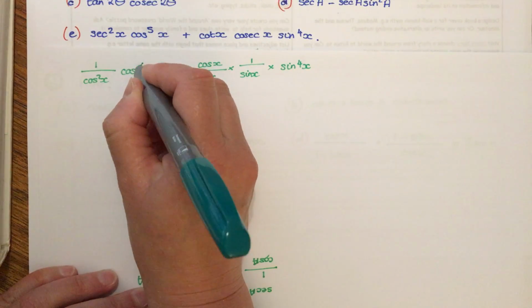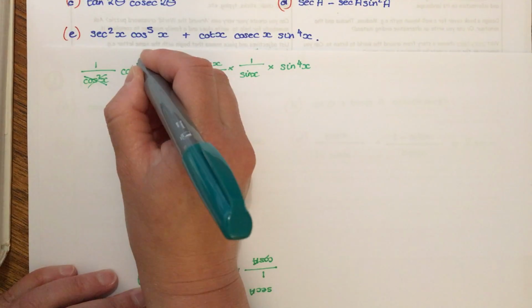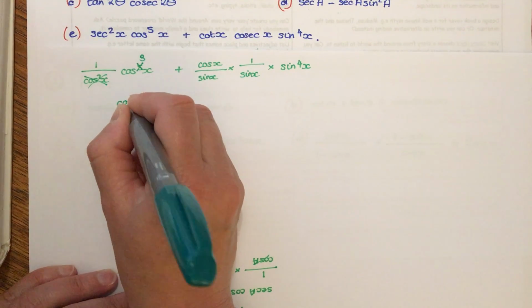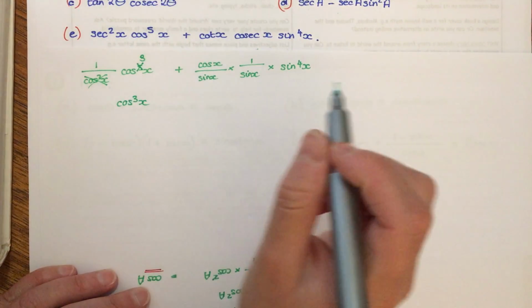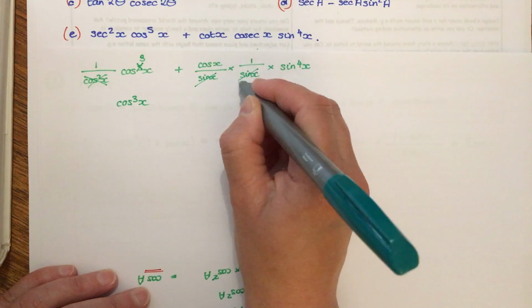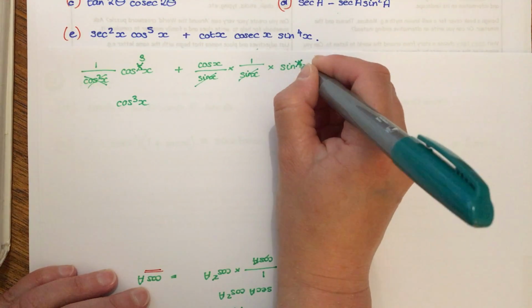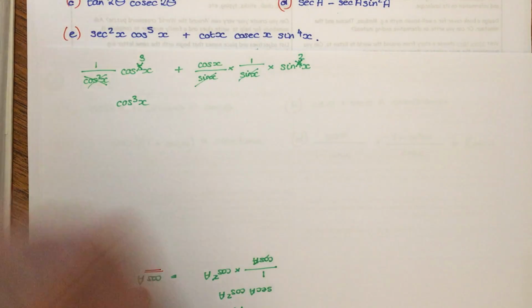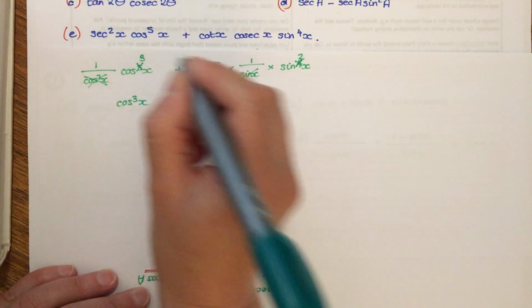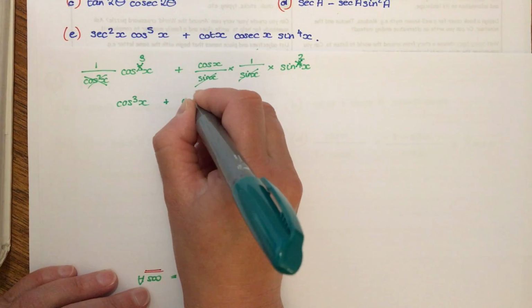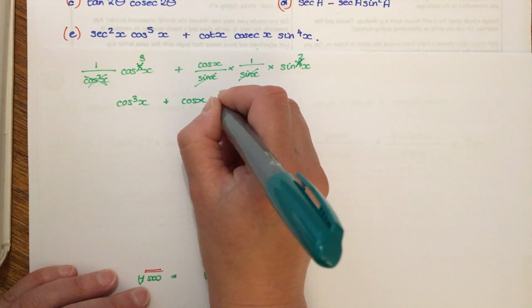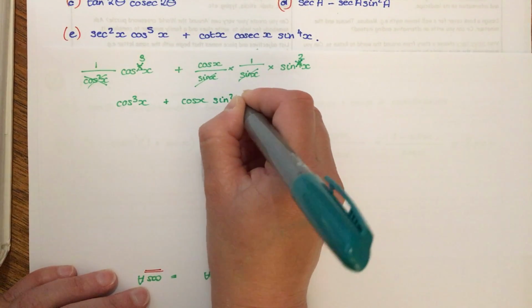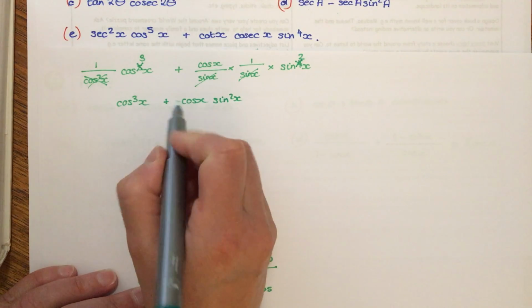So 2 of those are going to cancel with that and leave you with cos cubed. 2 of those are going to cancel with that one and leave you with sine squared. So we've got cos cubed plus cos x sine squared x. In here, we've got cos as a common factor.